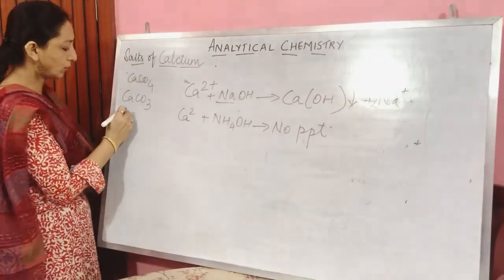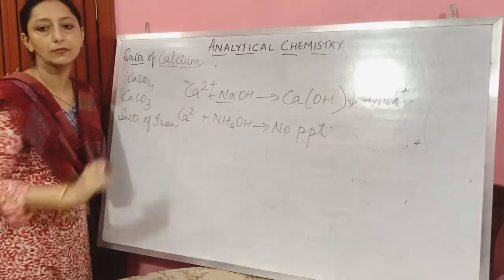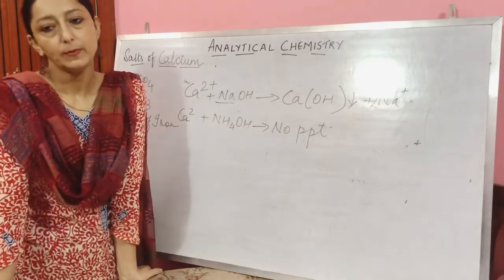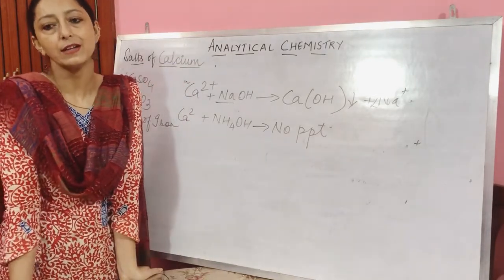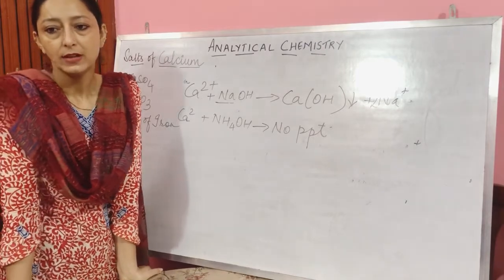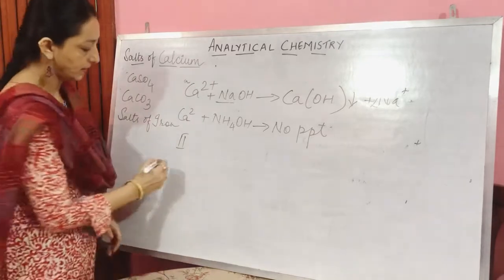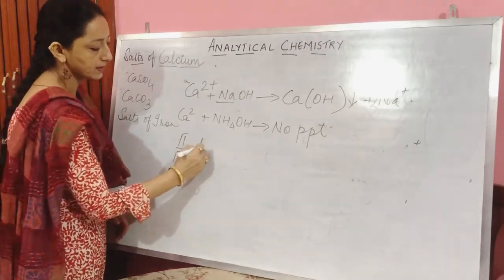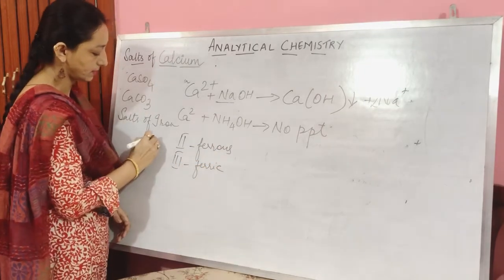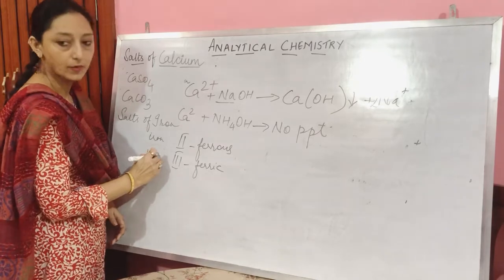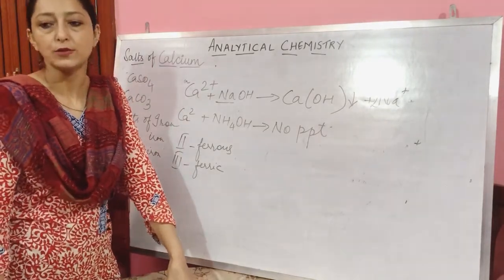Now, salts of iron. When we prepare a solution from salts, we see that iron exists in two states, the ferrous state and the ferric state. They give different colored salts and their respective solutions.